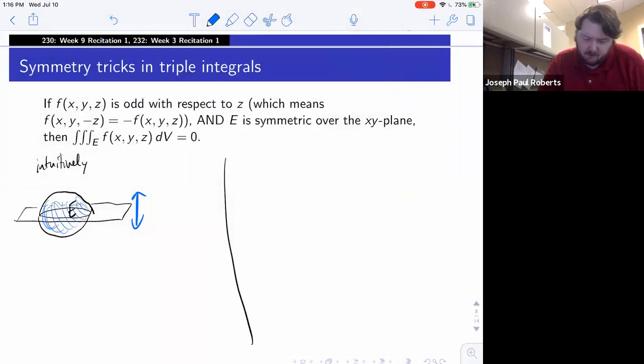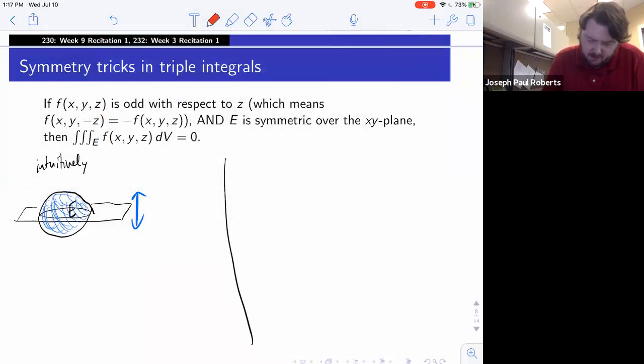Remember, with triple integrals, like all integrals, you're essentially doing some kind of Riemann sum limit. And so intuitively, you can think of what an integral means: you're adding up all the values. Technically, for a single integral, you're adding up values, but then scaling by the length of subintervals. With a triple integral, you're adding up all the values and then multiplying by the volume of some little box.